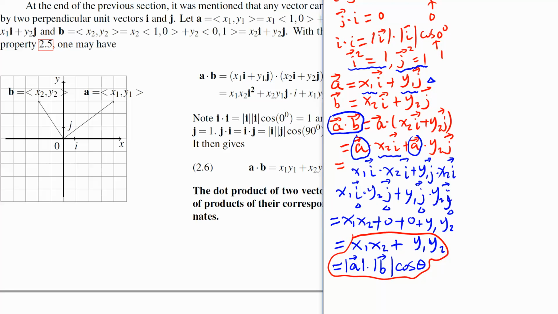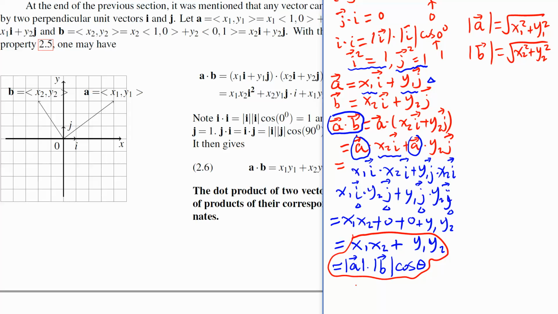Look. We know for this A, what is the length? Length A is just the square root of x1 squared plus y1 squared. So is the case for B, that's x2 squared plus y2 squared. Okay.